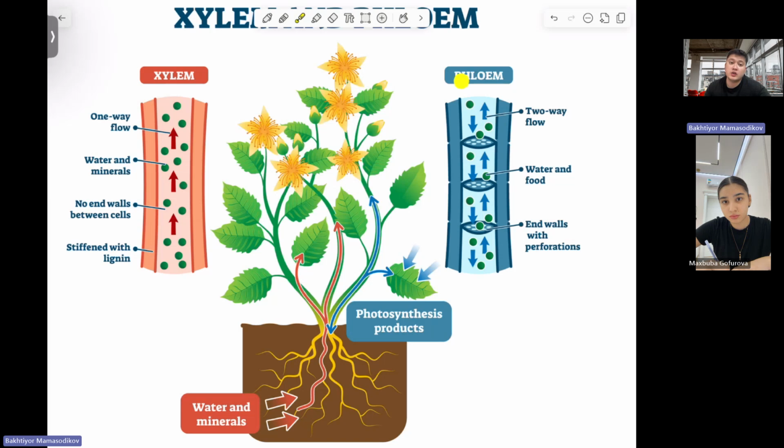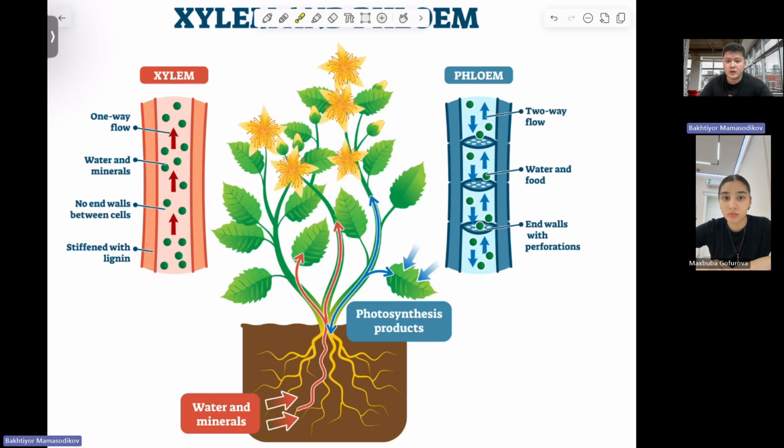These are transportation tissues inside the plant: inside the stem, the roots, and the leaves. They have special tissues called the xylem and the phloem.